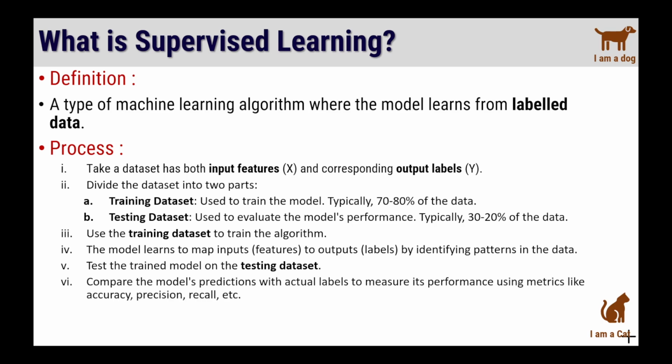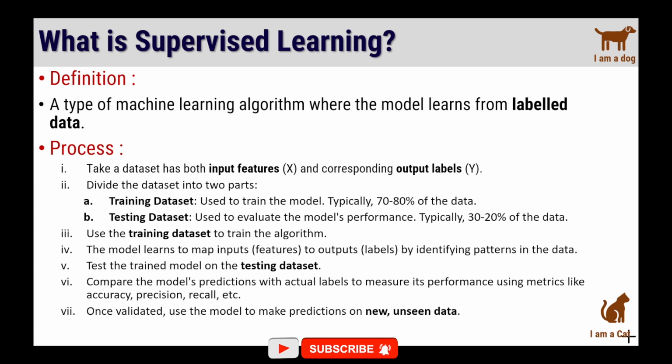And then we compare the model's predictions with actual labels to measure its performance using metrics like accuracy, precision, recall. We will be seeing this everything in upcoming lectures. Okay. And once validated, we will use the model to make prediction on new unseen data.